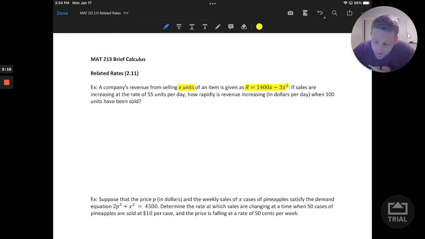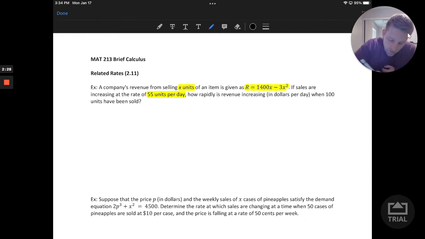It's said that the sales are increasing at a rate of 55 units per day. So if I consider this rate for a moment, 55 units per day, I know units, number of units sold, is the x variable. So we can go over here and say that x is representing the number of units sold. And if that's the case, the rate of change of the number of units per day, this is what we're going to call our rate.